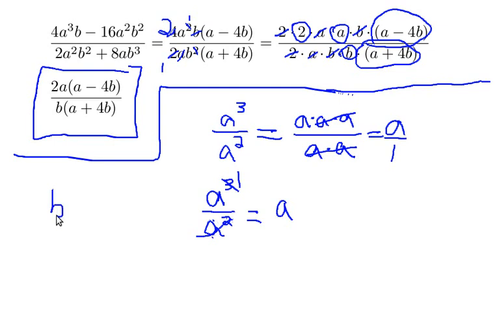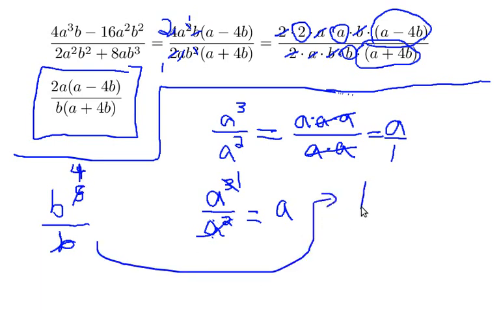Let's do another one. B to the 5th over b. Well, we have one b that's common to both of them, so we can cross out this b. How many b's are we going to have left when we cancel those out? 4. And you can see, if we write it out, b times b times b times b times b.